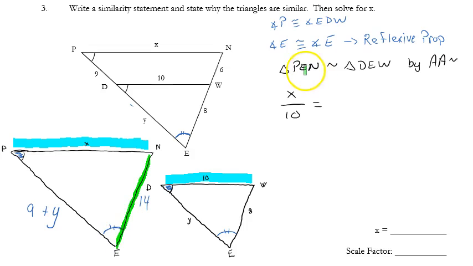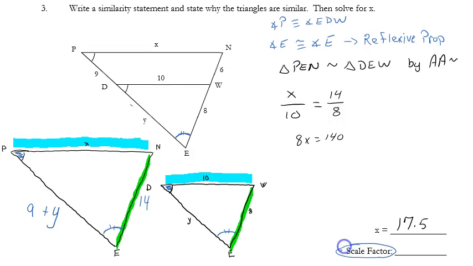NE corresponds to WE, that's this side length here, so I can state that 14 over 8 is my other ratio. The rest is algebra. Cross multiply, 8x equals 140, I divide, and yes, I get a decimal, and that's okay, I get x is 17.5.